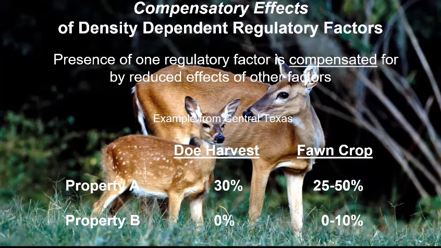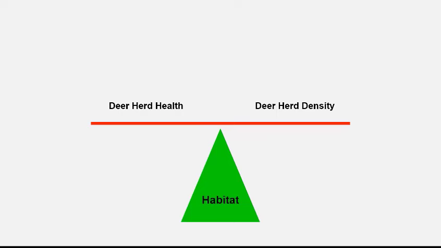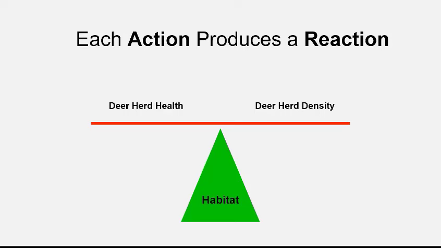Compensatory effects. Each action produces a reaction in deer management. This very simple figure represents habitat and a seesaw showing deer herd health on one end and deer herd density on the other. Each action produces a reaction.